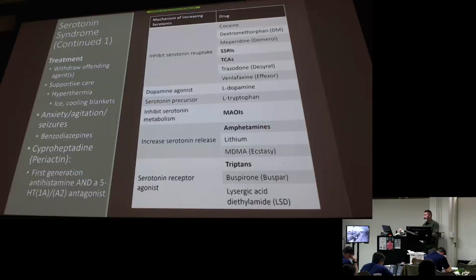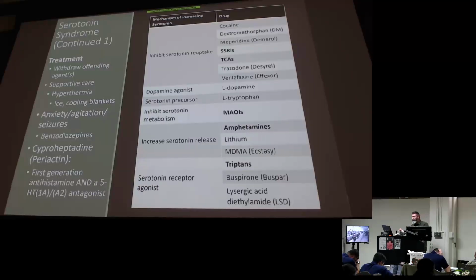What do we do? You've been told what to do, hopefully, for serotonin syndrome. Get rid of the serotoninergic active medications. Supportive care, treat the hyperthermia, treat the tachycardia, get them cooled down. Benzodiazepines a lot of times for anxiety. And there is a specific antidote we can give, right? The cyproheptadine on the bottom left, the Periactin.